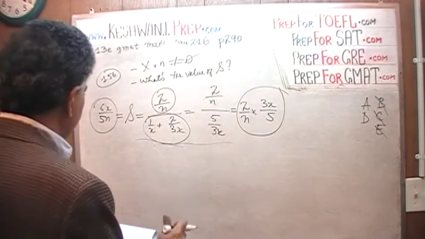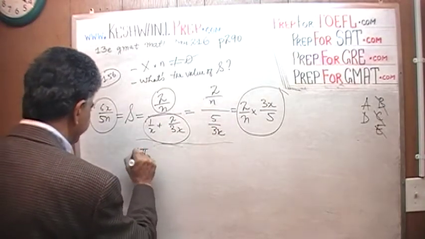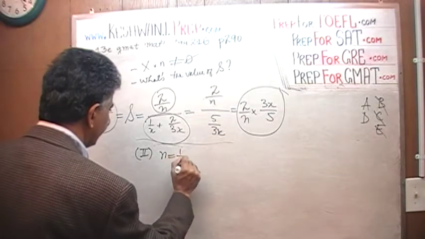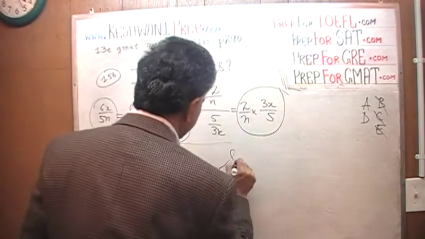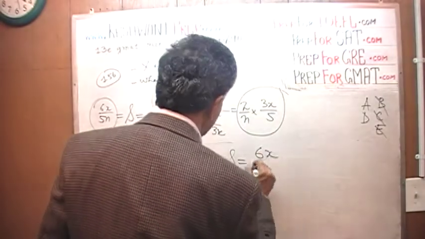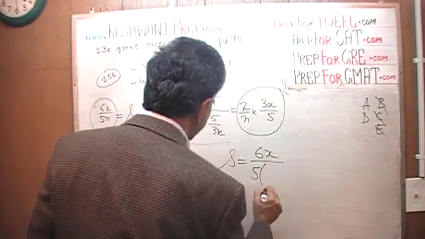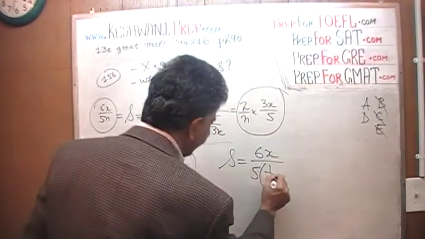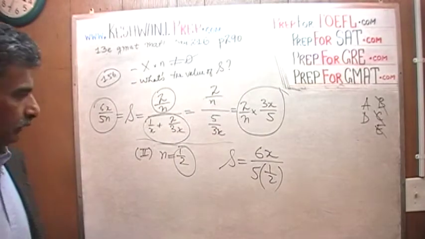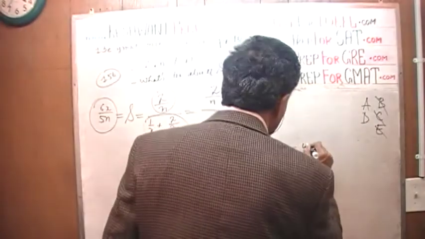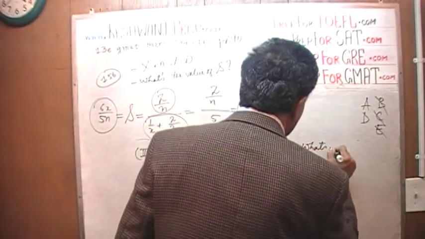The second statement tells us that n equals half. So again, s is equal to 6 times x over 5 times n, which we know is half. But the question here is, what is x?